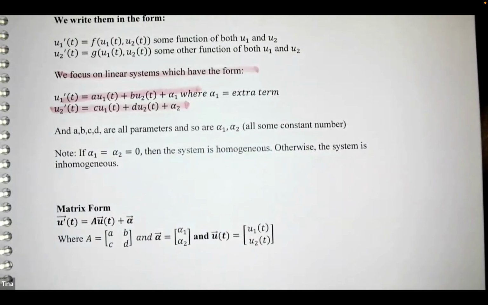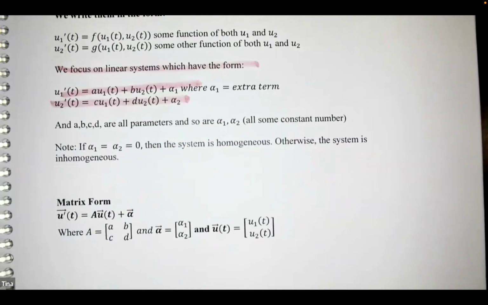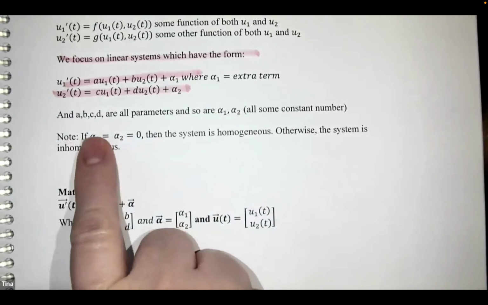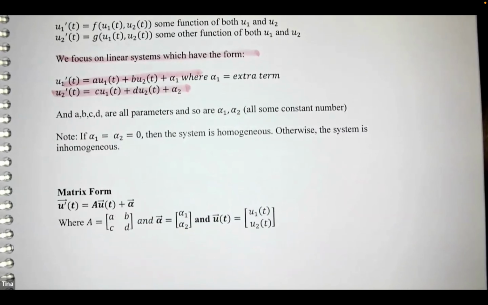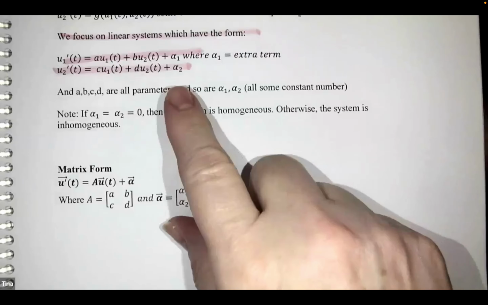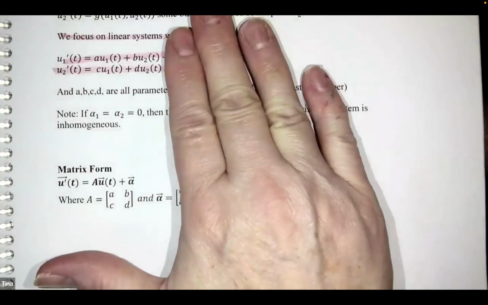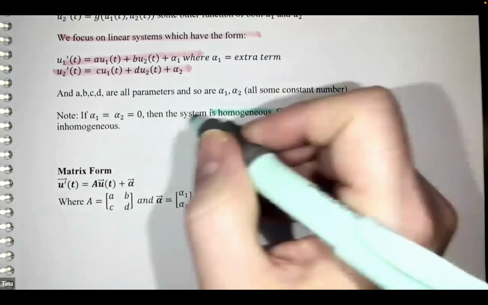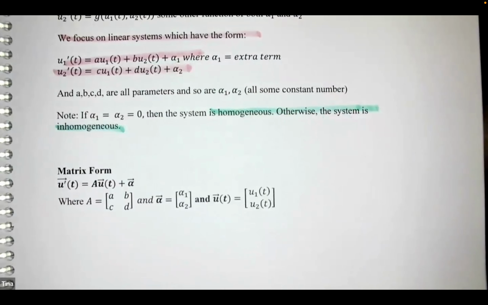Same thing for u2 prime of t: c times u1 of t plus d times u2 of t plus some other number. Alpha 1 and alpha 2 here are just constants. And a, b, c, d, again, these are just parameters. So if these alpha 1 and alpha 2 are just zeros, then that's a homogeneous system. Otherwise, it's inhomogeneous.